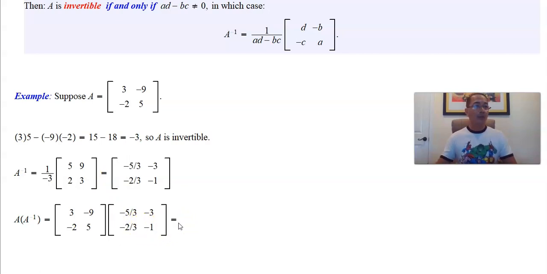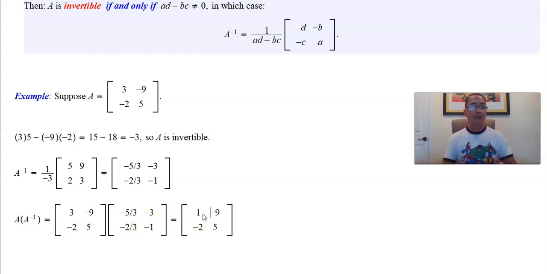So what do we get? 3 times negative 5/3, that's going to give you negative 5. And then we have plus 9 times 2, the negatives cancel, 18 over 3 is 6. So negative 5 plus 6, that does give you positive 1.